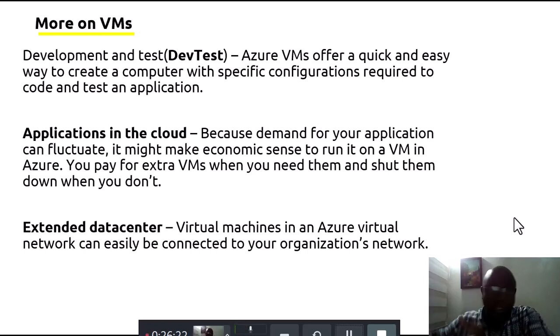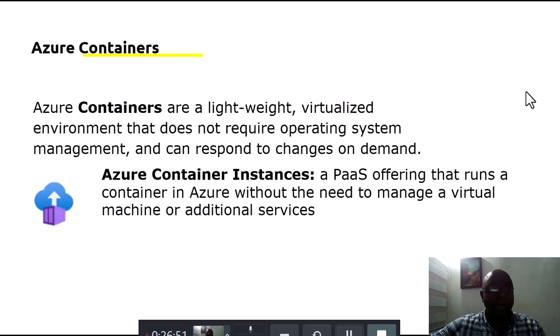When you finish, you shut it down, and when you deallocate that virtual machine, you will not be charged. A virtual machine in an Azure virtual network can actually be connected to your organization's network, so that your data center is extended. Let's move ahead in the lecture and see what other surprises we have.